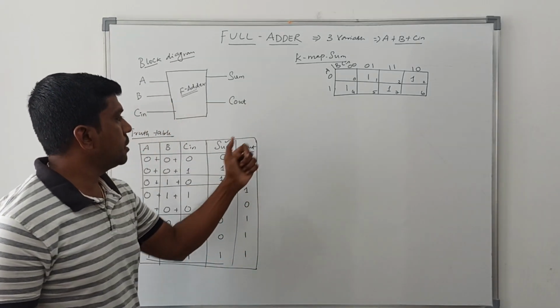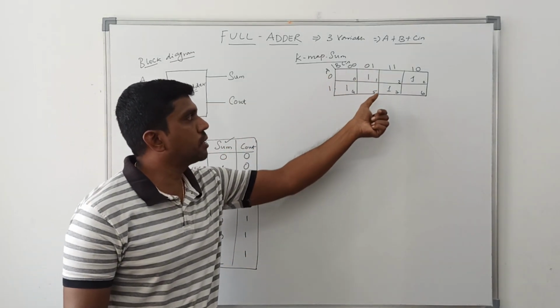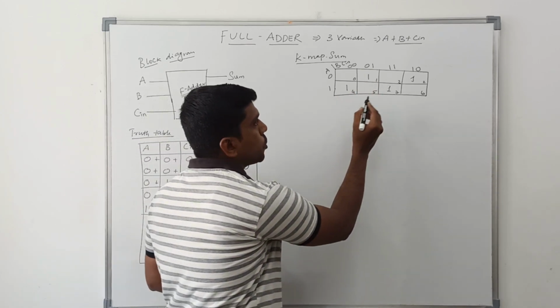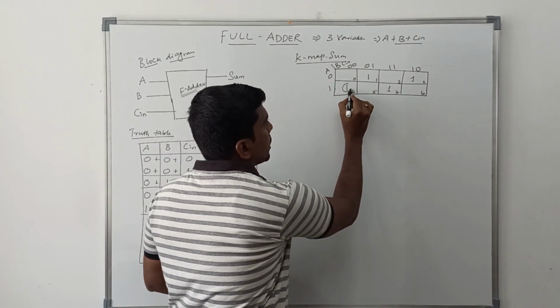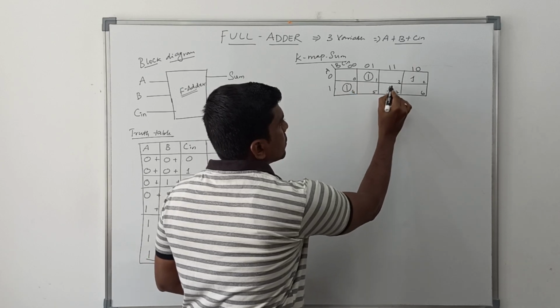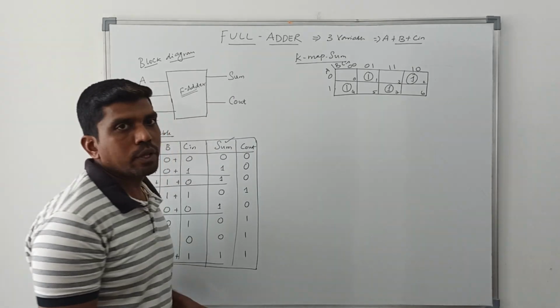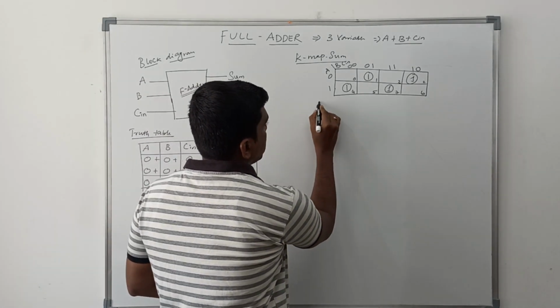After fixing the sum terms inside the K-map, you verify the grouping possibilities. You check the grouping possibility. So each is an individual group. Now I write the Boolean expression for sum.